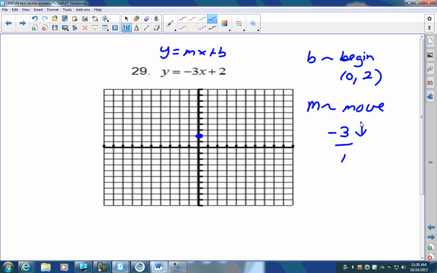Negative 3 means to move down 3 and to the right 1. Down 1, 2, 3 to the right 1. I can also go backwards and go up 1, 2, 3 to the left 1.